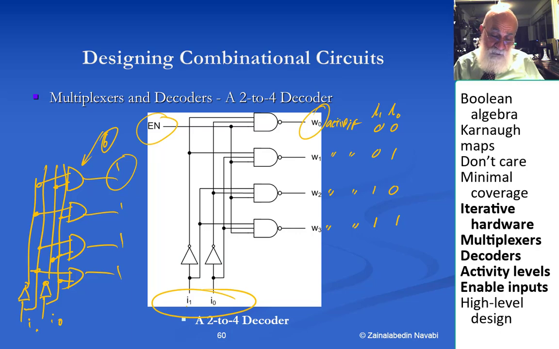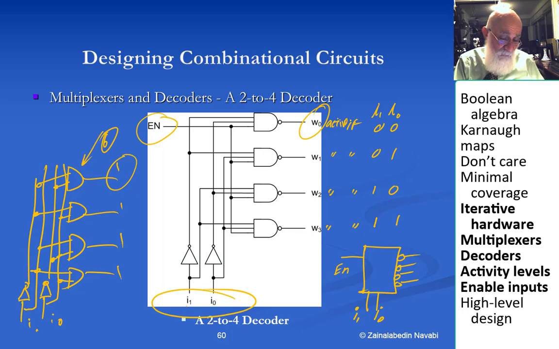The decoder you saw here is a decoder with active low outputs, and therefore this is how I'm going to represent it. It has an I1, I0 with active low outputs. It also has an enable, which is active high enable. If the enable had an inverter on it, then I would call this an active low enable input. In this situation, though, that doesn't exist. Okay?